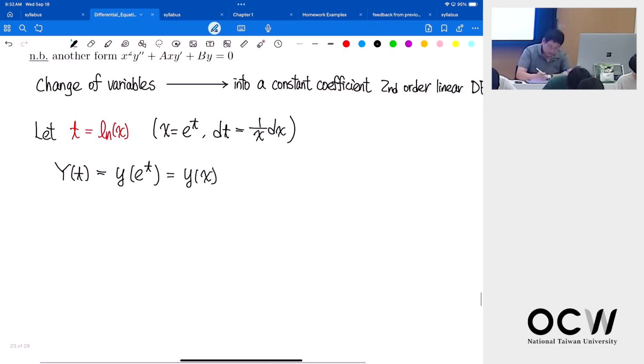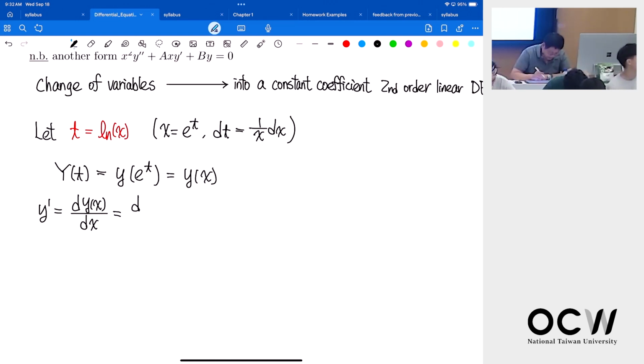So first, y prime. What is y prime? Y prime means dy of x over dx. We use the chain rule. This is also equal to d capital Y of t over dx.